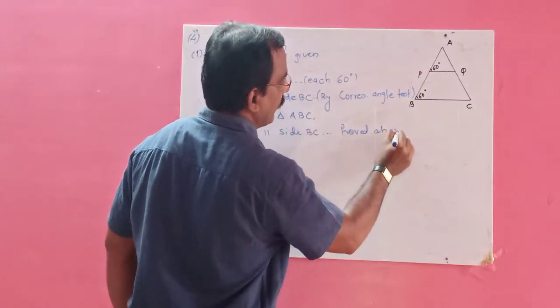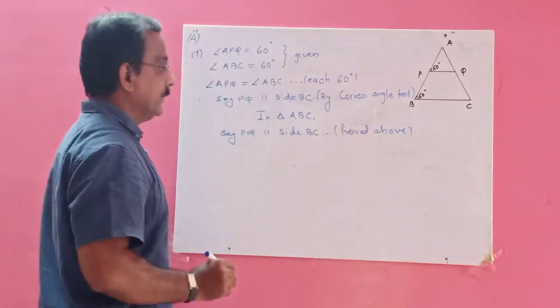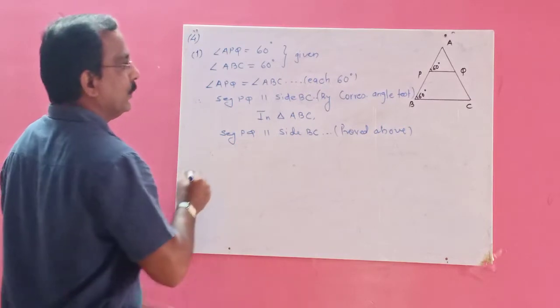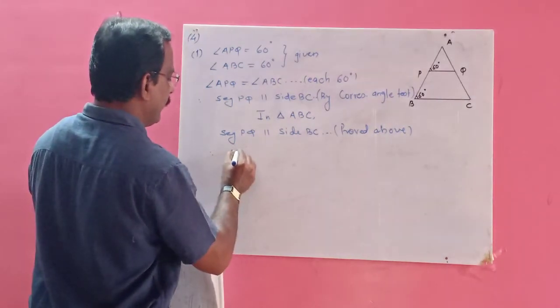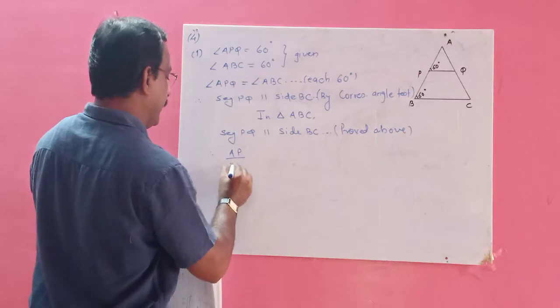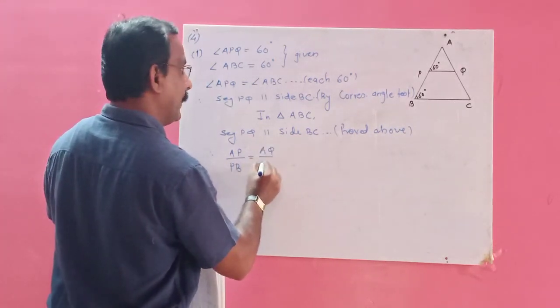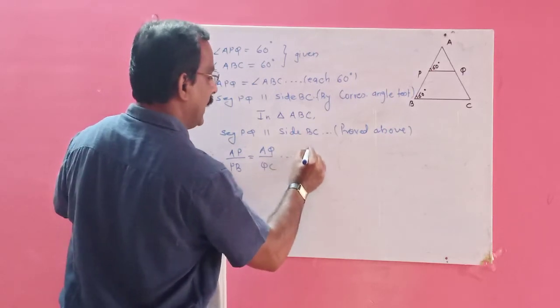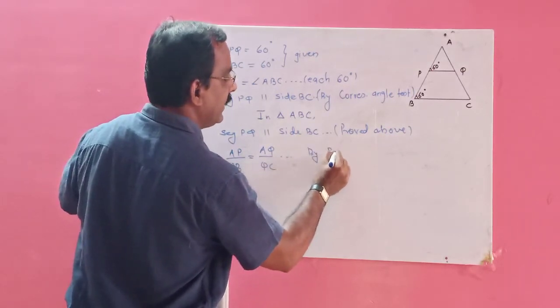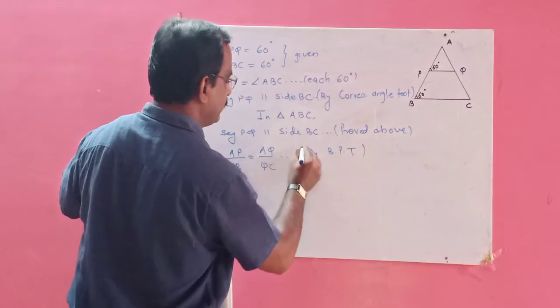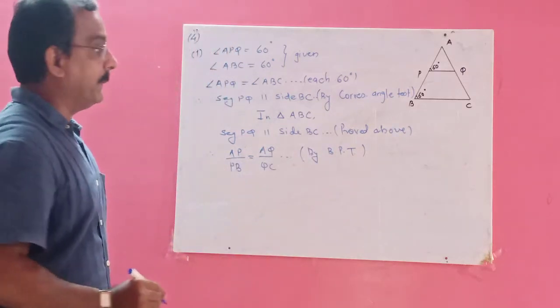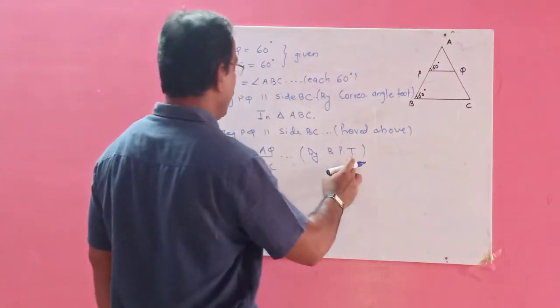So therefore, you will get AP upon PB is equal to AQ upon QC by BPT, by basic proportionality theorem.